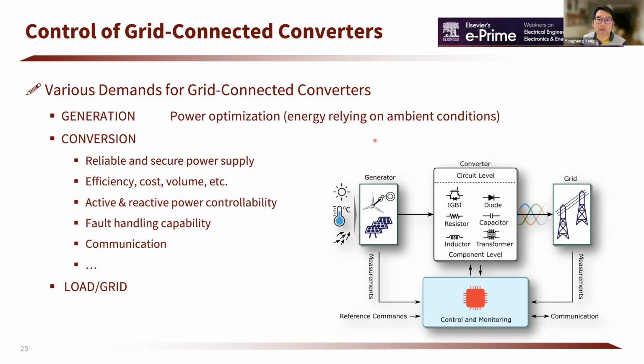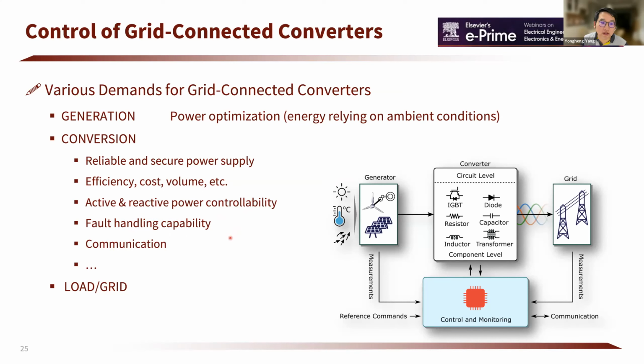So we have to optimize the power to extract as much energy as possible. On the conversion side, we have to achieve a reliable and secure power supply, and efficiency, cost, and volume are of concern. And we also have to contribute to the grid by regulating the active and reactive power according to the grid demand.